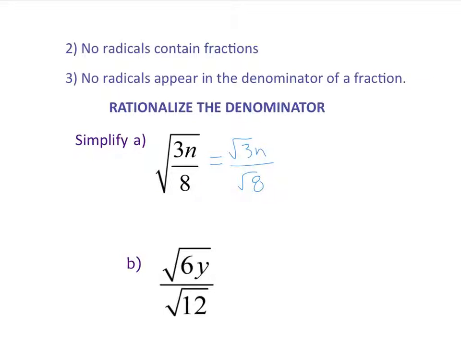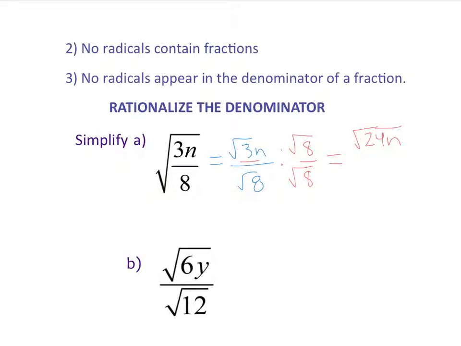So if I need to get rid of the radical in the denominator, how I do that is I just multiply by whatever that radical is in the denominator. So if I do something to the denominator, I also need to do that to the numerator. Now if I simplify this, I'll take the square root of 3n times the square root of 8, which gives me the square root of 24n.